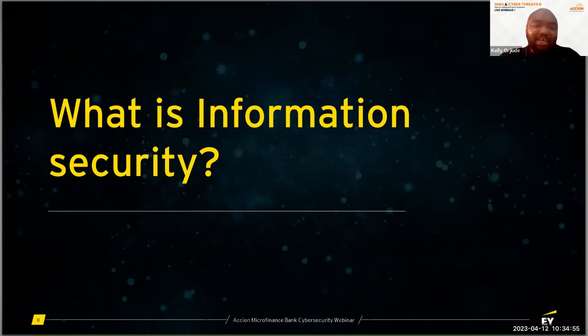You decide. The third option is the process of managing financial risk within an organization. And the final option is the implementation of firewalls and antivirus software in computer systems. I'll just give a minute and see if we have a fair understanding of what information security is.